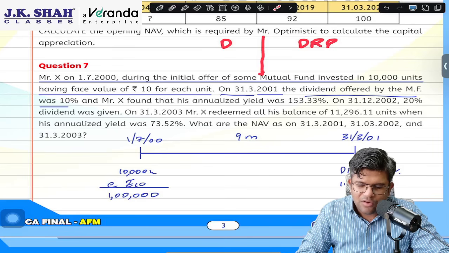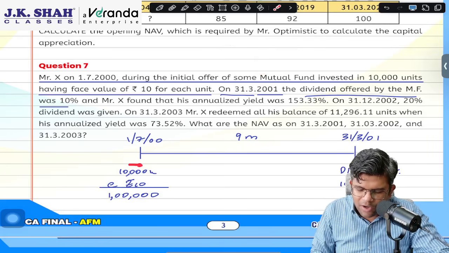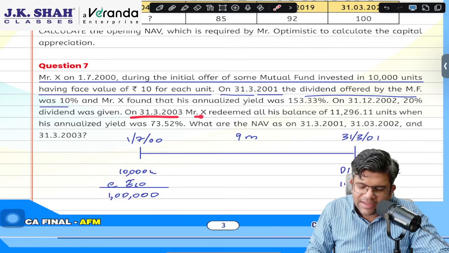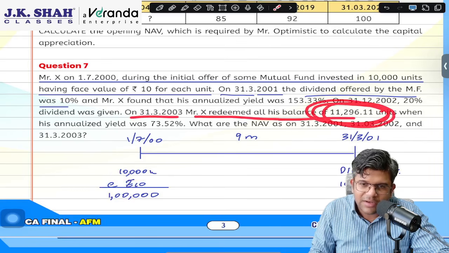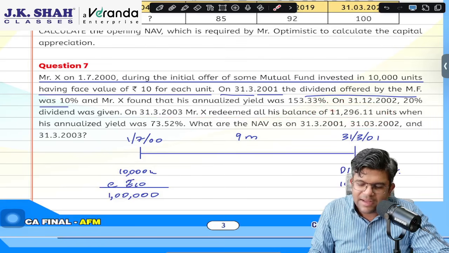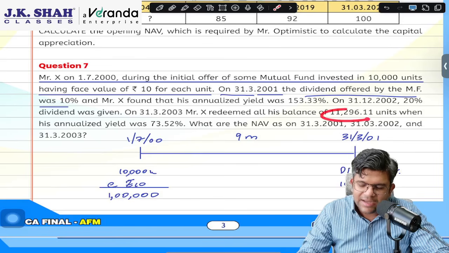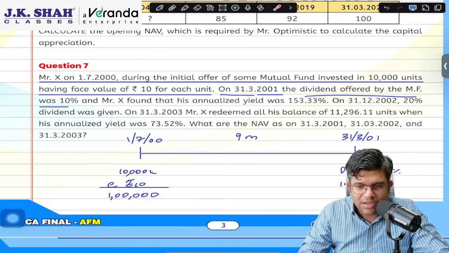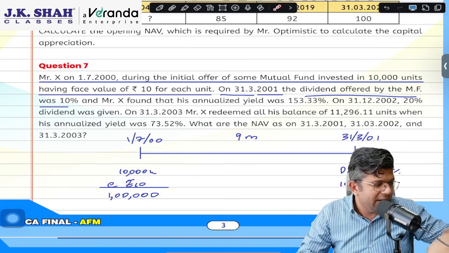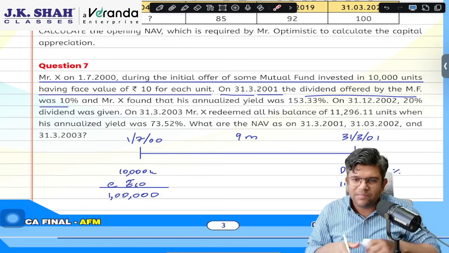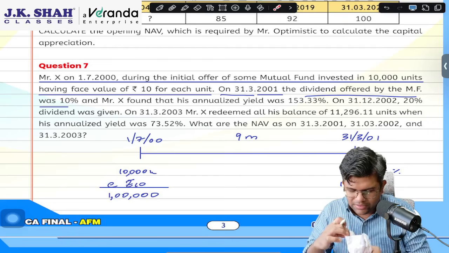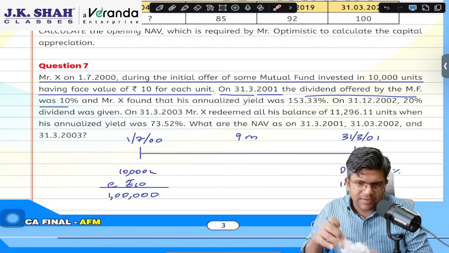Do you people realize that he had bought 10,000 units, but suddenly he's saying that at the end he's redeeming these many units? From where did you get so many units extra? That means it is a hint that this is not a normal dividend plan, it is a dividend reinvestment plan. Give me a why. Everybody understood this point here? I will give you notes also on this, don't worry.